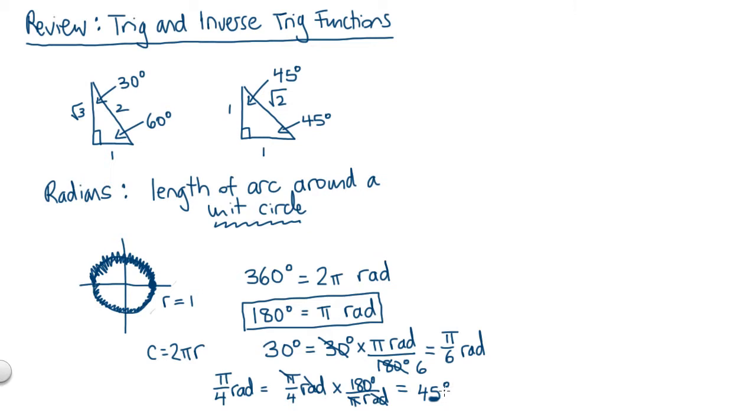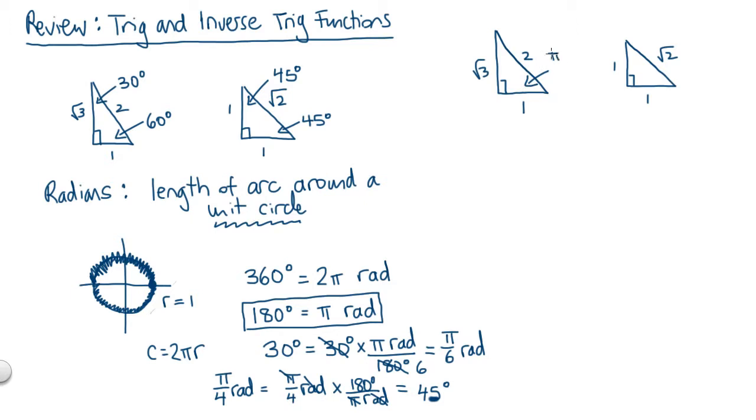Now, we will use radians so much in this course that it's really better just to think of our special triangles that we drew earlier in radians. So we got our 1, √3, 2 triangle. We've got our 1, 1, √2 triangle. And let's make sure that we can express all the angles here in radians.